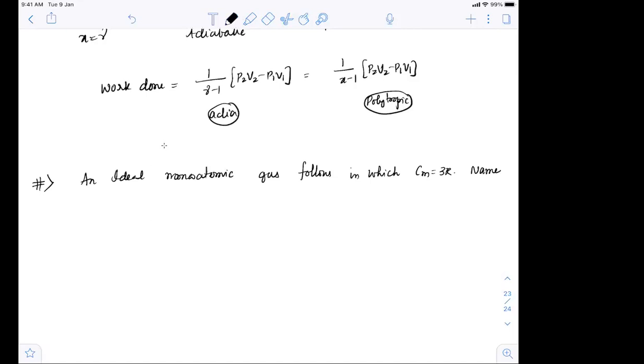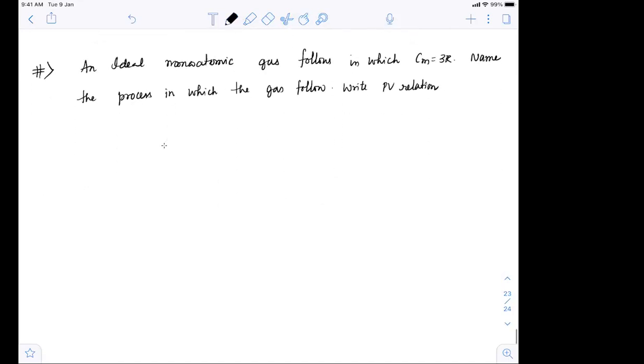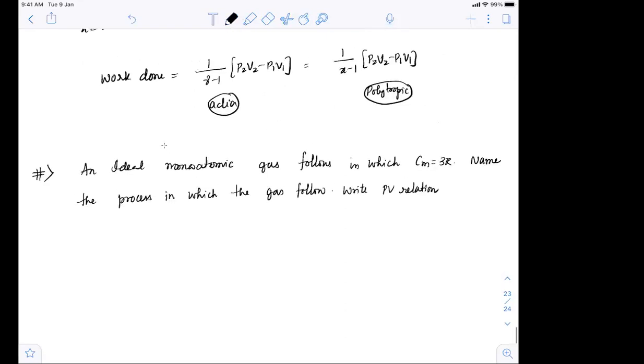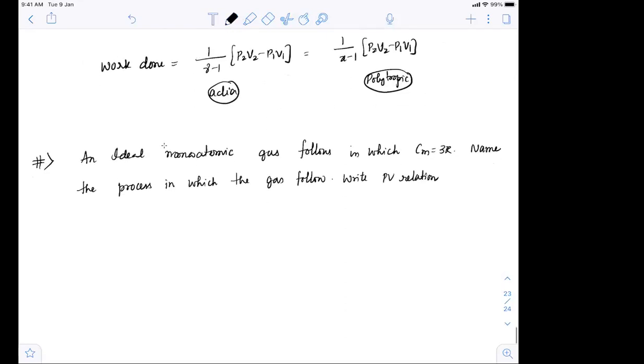Name the process in which the gas follows and write the PV relation. Try to write the PV relation.